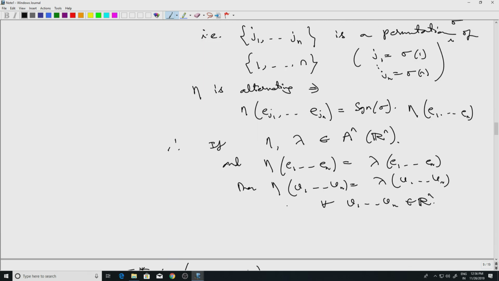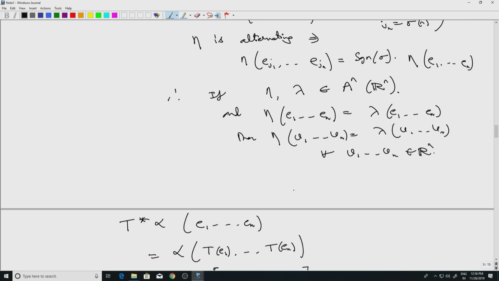So I said that what we in effect proved was that if eta and lambda are 2 elements of A^n(R^n), and if they agree on the standard basis in the specific ordering, then they agree for all vectors. So in other words, they are identical forms.